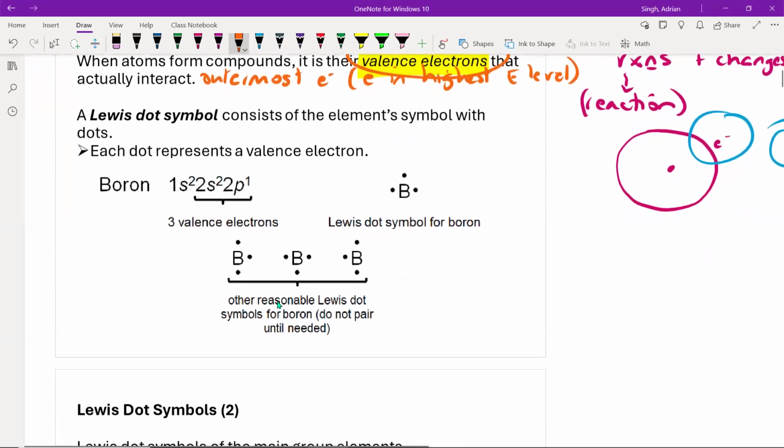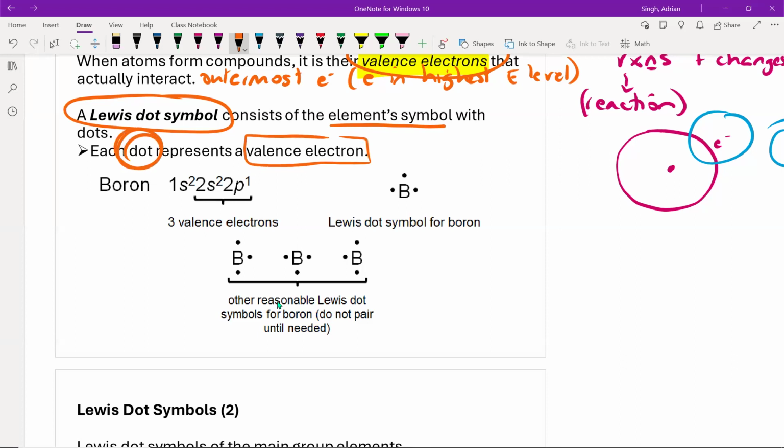We can do all sorts of predictions just based on valence electrons. So the way that we represent our valence electrons is we use a system called the Lewis dot symbol. This is named after a scientist, Lewis. There are other things named after him as well, as we'll see down the road. But for right now, we're going to talk about the Lewis dot symbol. And what this is, we have the symbol for the element, so the elemental symbol, and then we are going to represent just the valence electrons now as dots.